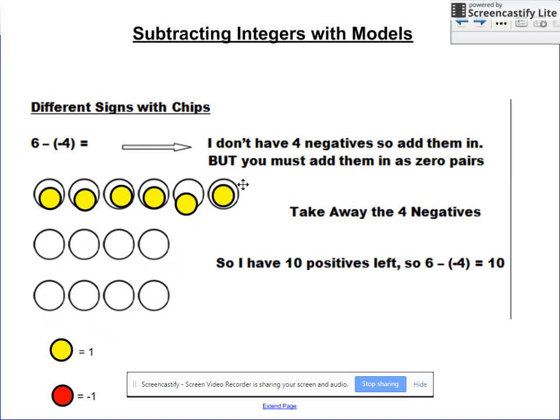And I don't have 4 negatives, so I have to add them in. But I have to add them in as 0 pairs, so I'm not changing the value of 6. So, this is a 0 pair, this is a 0 pair, this is a 0 pair, and this is my last 0 pair.